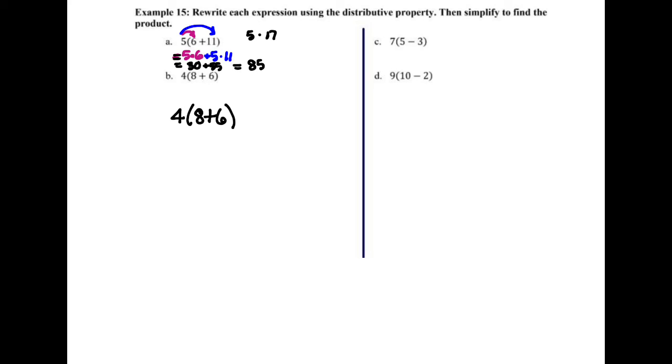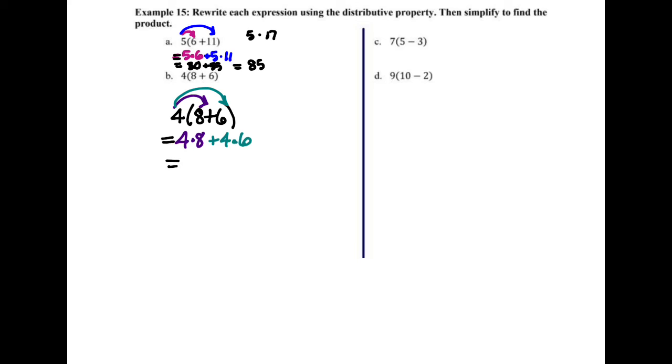Okay, so the 4 in the front is going to multiply by the 8. Oops, let's actually write it out. So 4 times 8, and then it's going to multiply by the 6, and those are equal.